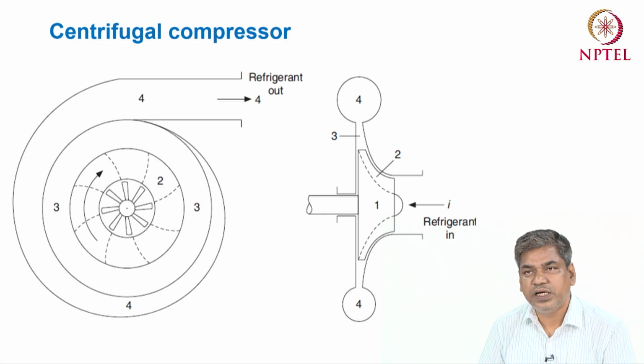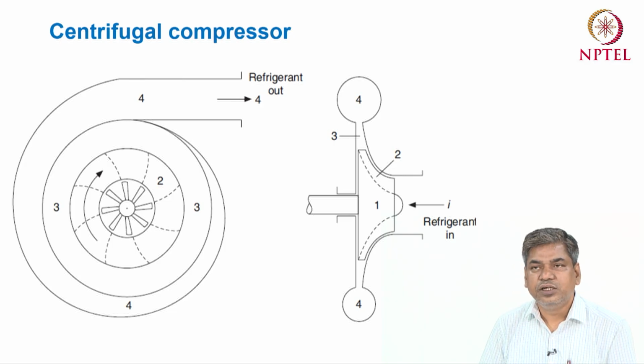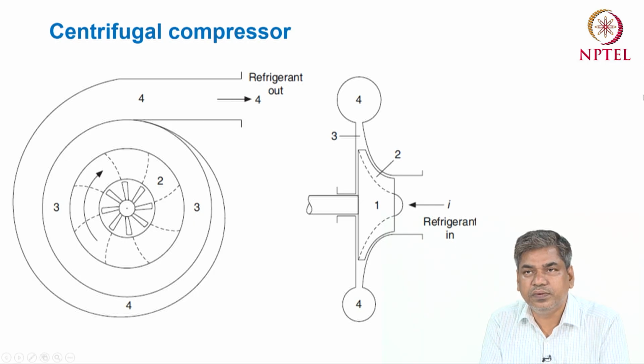In the first zone, zone number 1, this is basically the inlet of the compressor, and there is also a guide vane. At the center there is an inlet of the refrigerant, and this is pouring to the guide vane. So we can get some velocity of the refrigerant after this guide vane.